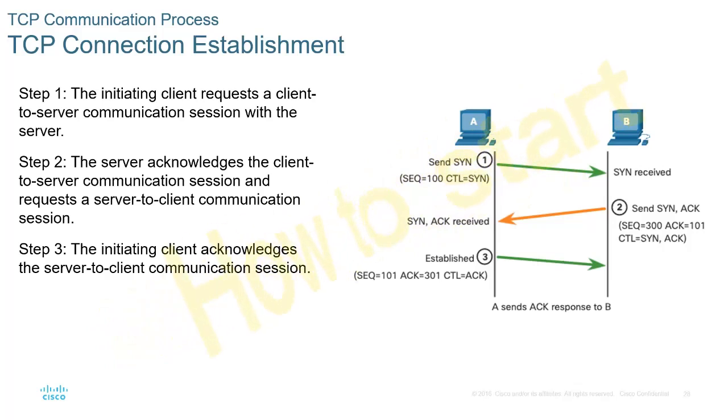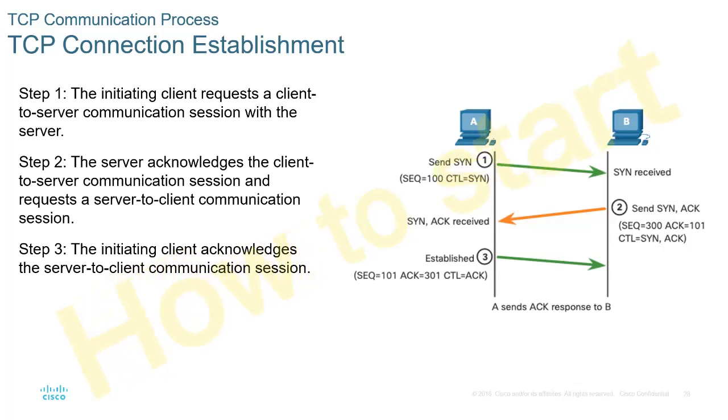The server will receive the SYN request and will send an acknowledgement for the client-to-server communication session, and it will request a server-to-client communication session. The destination will send a SYN and an ACK. The ACK will be basically the SYN number plus 1. It will then generate a SYN number.